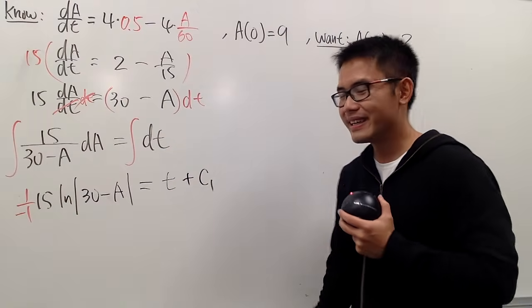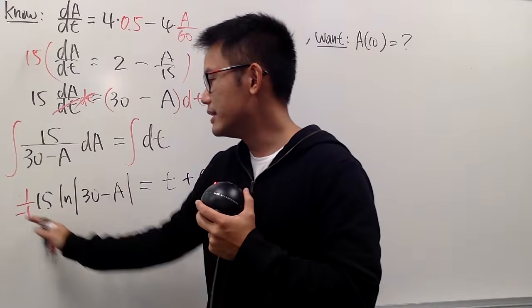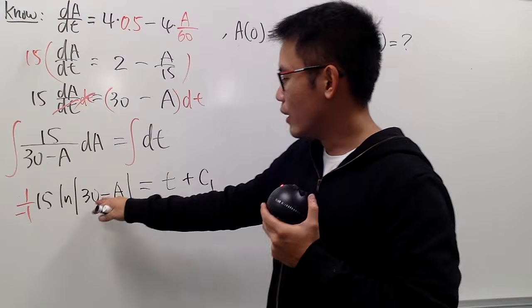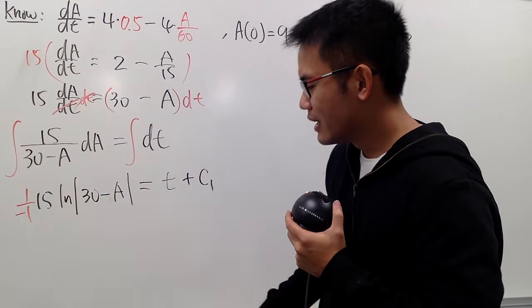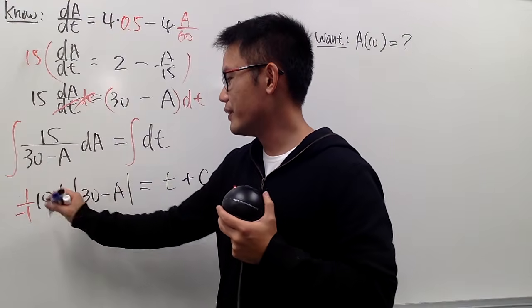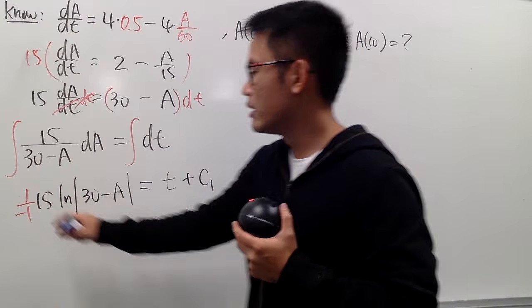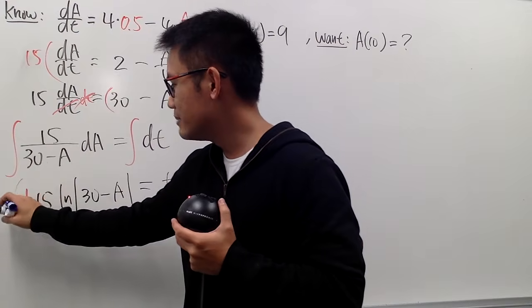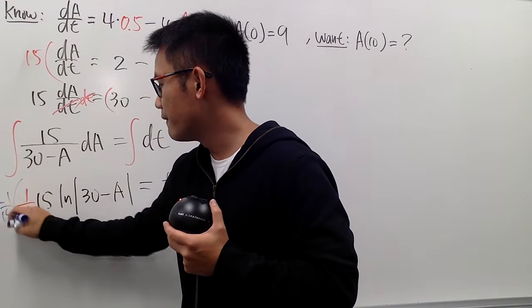Now, as you can see, this is pretty much negative 15 times ln of this, and this is equal to that. So, of course, we'll have to get rid of the negative 15. To do that, let's use the blue pen. Let's multiply everything by negative 1 over 15.